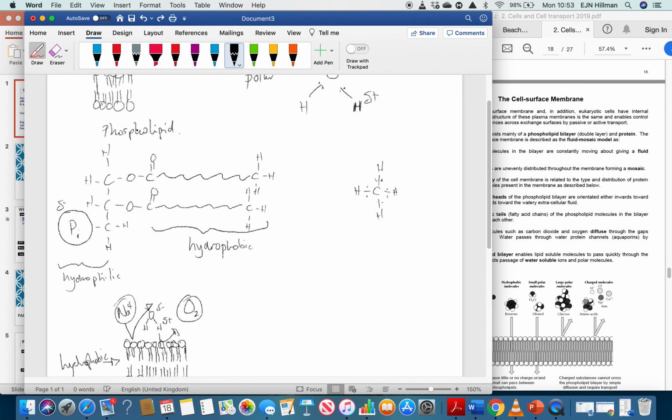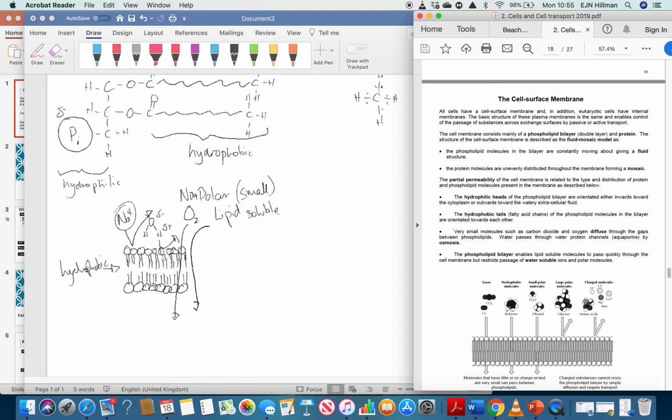Larger molecules, we can just have a look in the notes here. So larger polar molecules such as glucose or other things are unable to pass through. So small non-polar molecules can pass through.